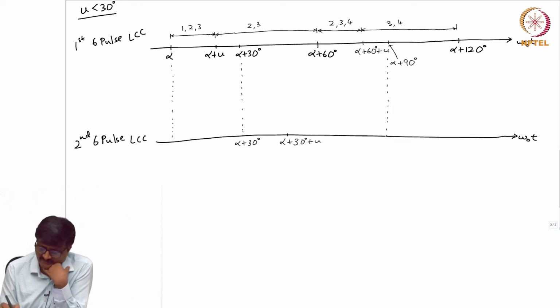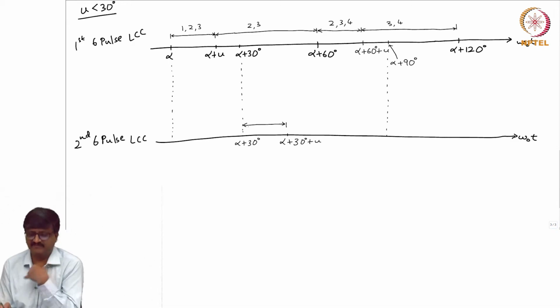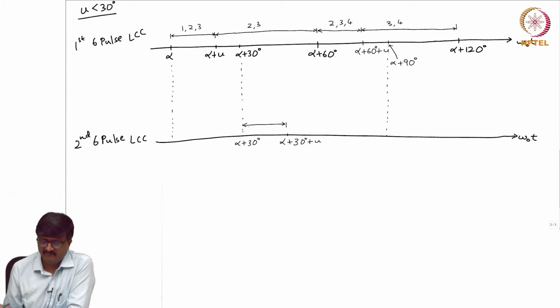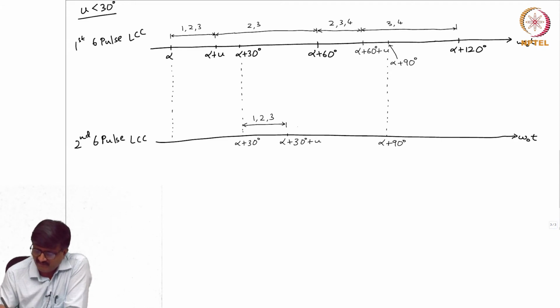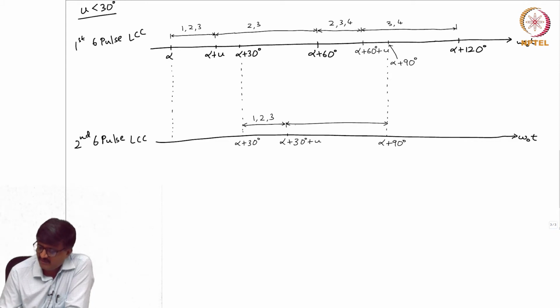If I take the duration from alpha plus 30 degrees to alpha plus 30 degrees plus u, what are the valves that conduct in the second 6 pulse LCC? 1, 2, 3. Then from alpha plus 30 plus u to alpha plus 90 degrees, it is 2, 3.